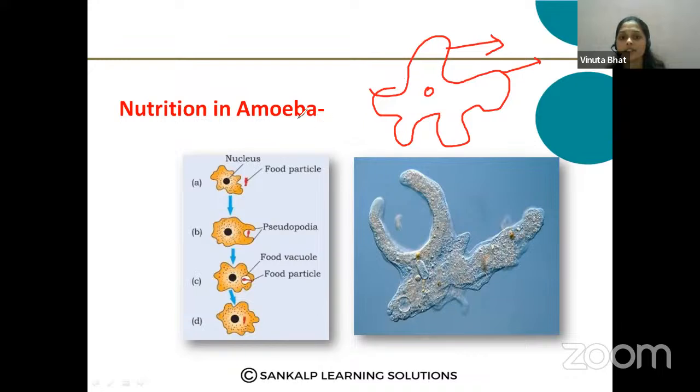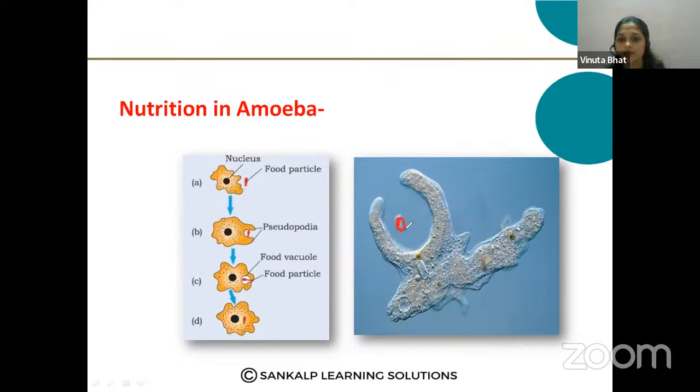Look here, just imagine there is a food particle outside the amoeba's body. Just imagine this is the microscopic view of the amoeba. Here there is food material. It will form the extension of the pseudopodia around this food material.